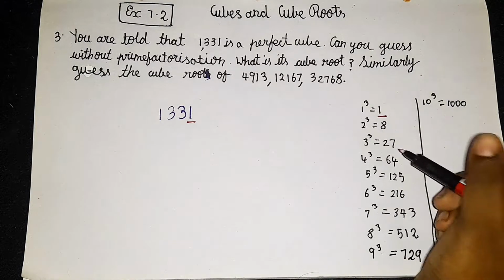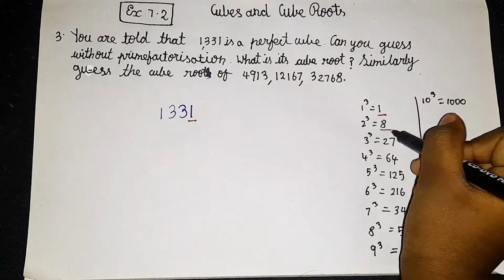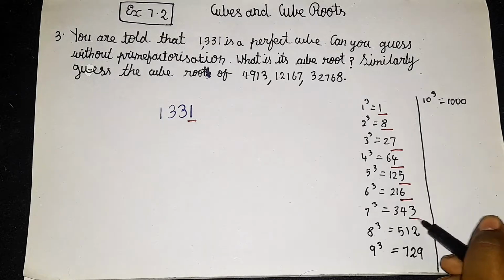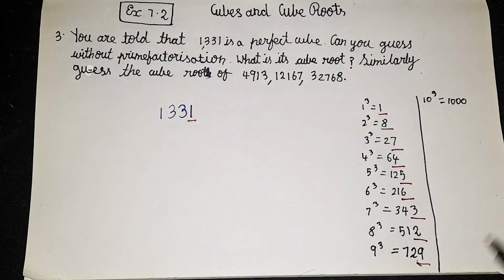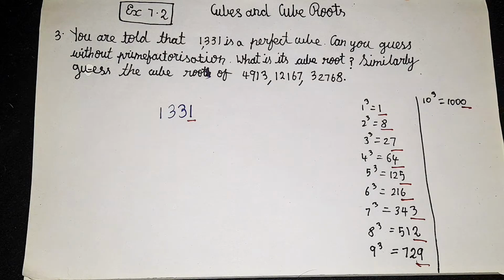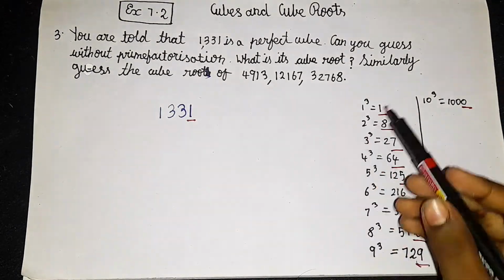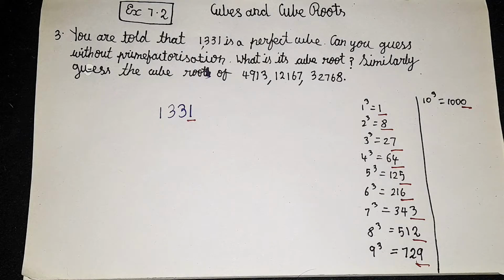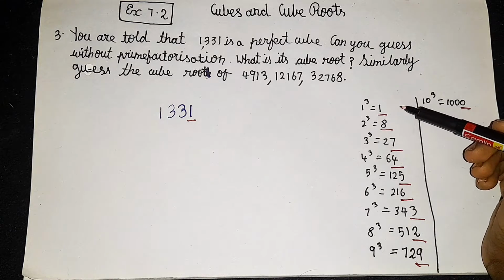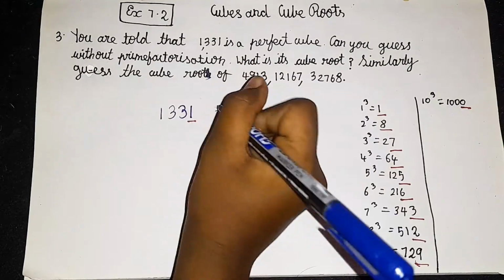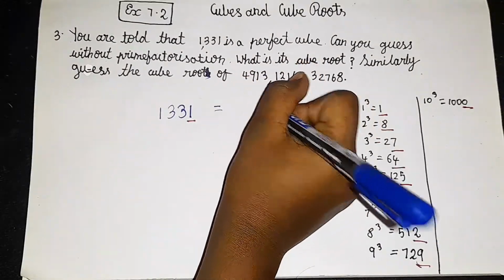Let me mark all the end digits here: 8, 7, 4, 5, 6, 3, 2, 9 and 0. So here the end digit is 1, and we should search for a number which has end digit 1. 1 cube is equal to 1, which means we should write 1 here. So the end digit of the cube root is going to be 1.